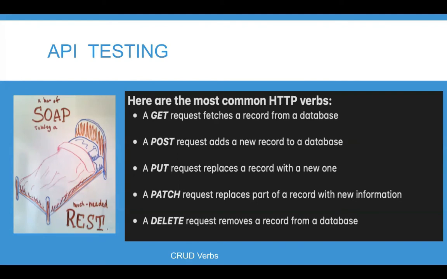So if you are asked what kind of requests you would carry out on an API, I can carry out a GET request, a POST request, a PUT request, a DELETE request. So if they ask you what your CRUD verbs in an API are, it refers to GET, POST, PUT, PATCH, or DELETE.